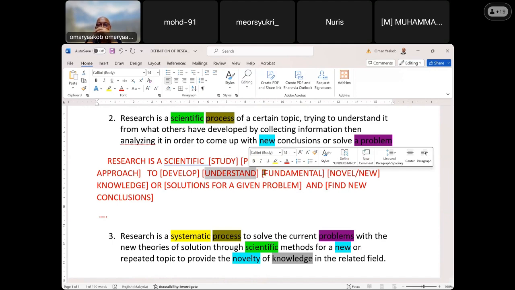So some research is stuck at the understanding stage, and some moves forward to develop something new. So I am not sure whether it is appropriate to just remove the word understand.